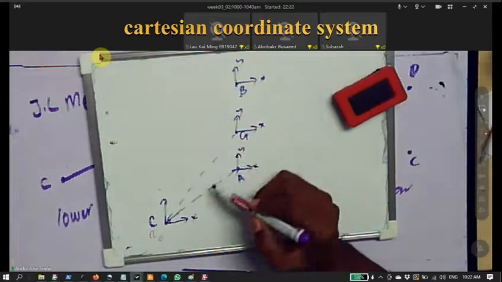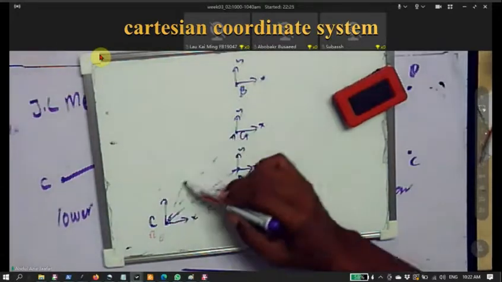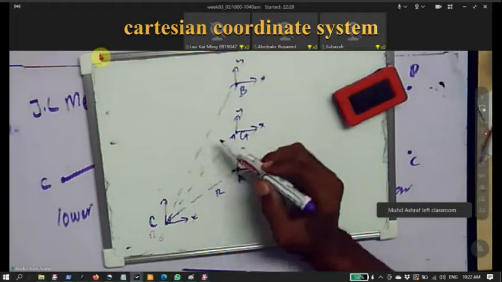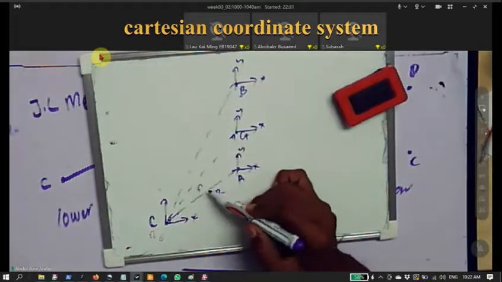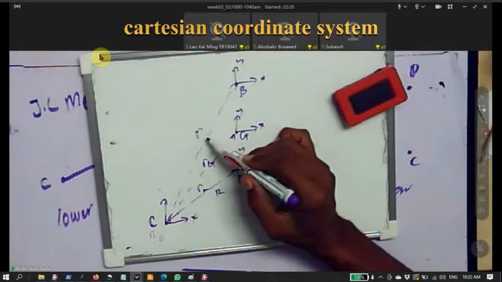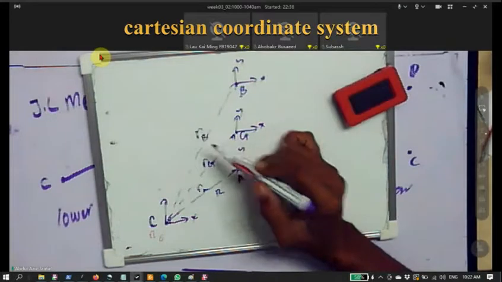This one for the second one, and that one. There is E. We have r_A, r_G, and r_B.